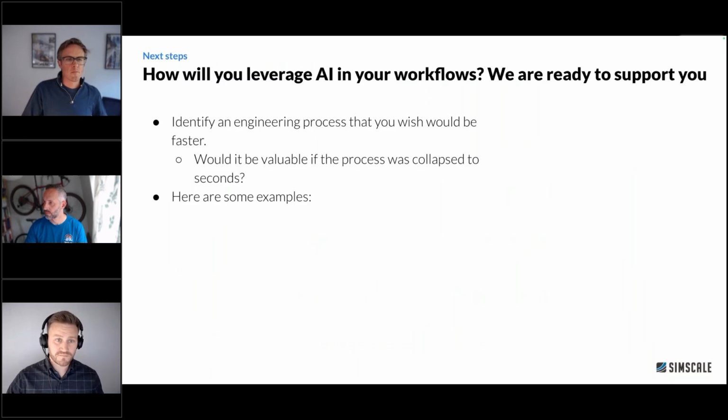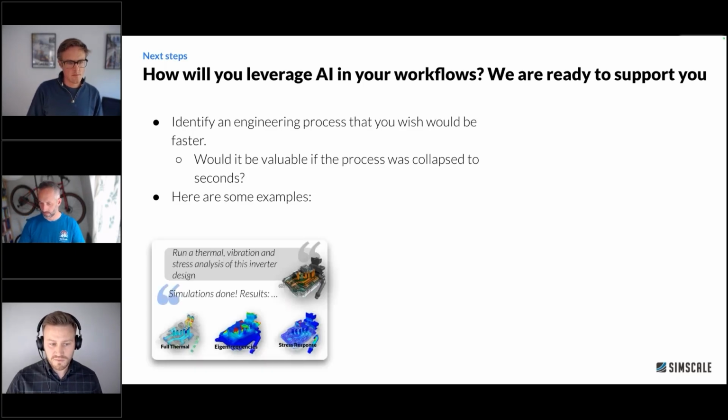So, how will you leverage AI in your workflows? However you are going to do it, we're ready to support you. The next step is we would encourage you to identify engineering processes that you would like to do faster, that you think could be improved. What would be valuable for you to collapse the lead time from days or weeks down to seconds?